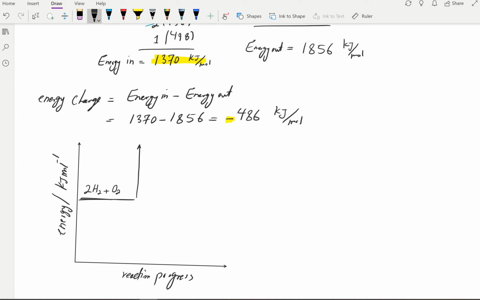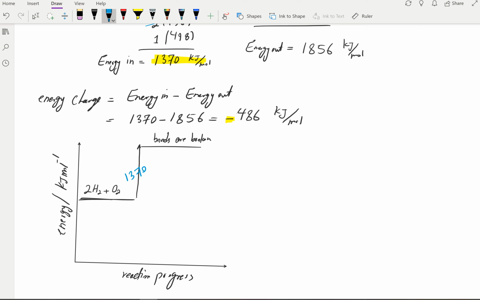So we give the energy to convert them to atoms. So here bonds are broken. And how much energy do we need? We need 1370 kilojoule of energy for breaking the bond.